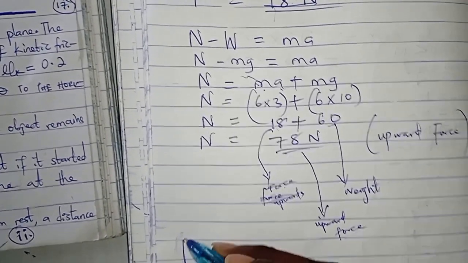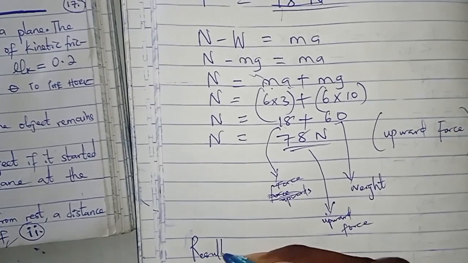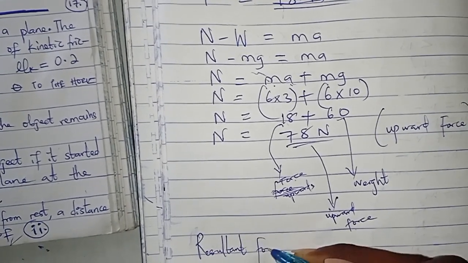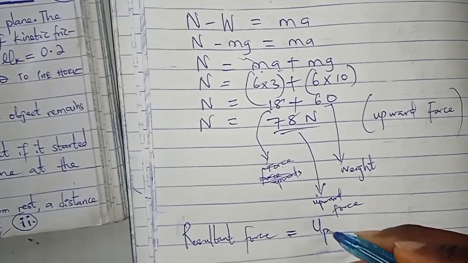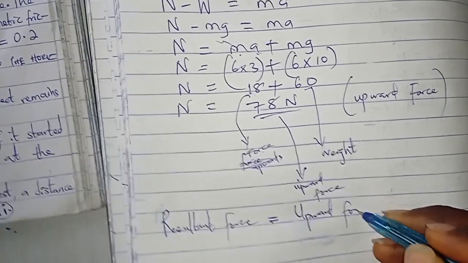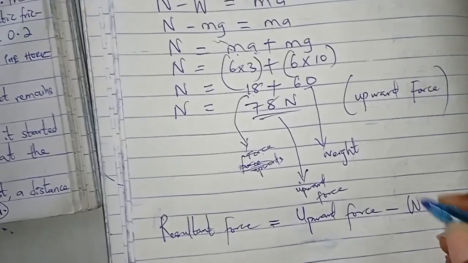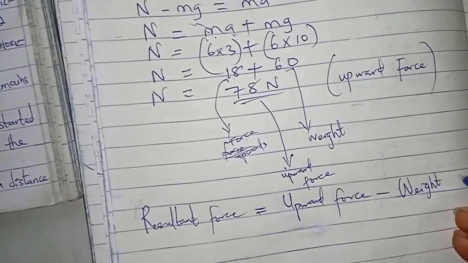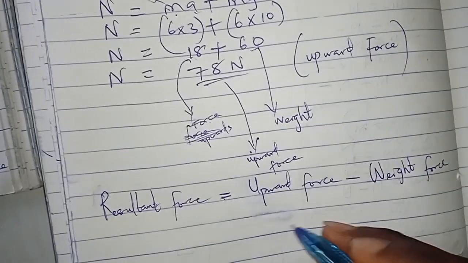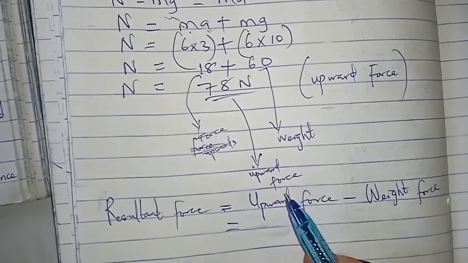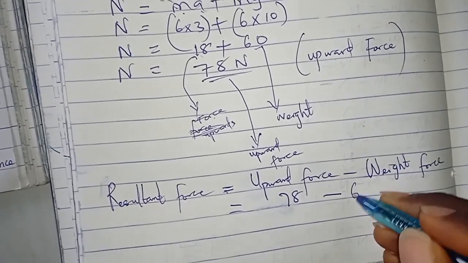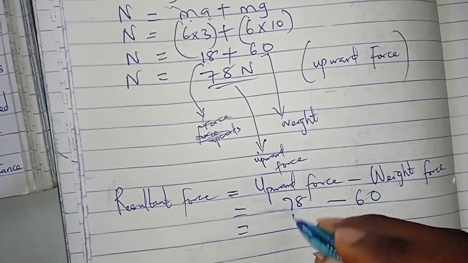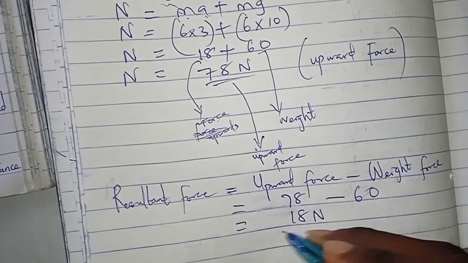So to get the resultant force, we can simply say upward force minus weight force, which will give us upward force is 78, weight force is 60, equals to 18 Newton.